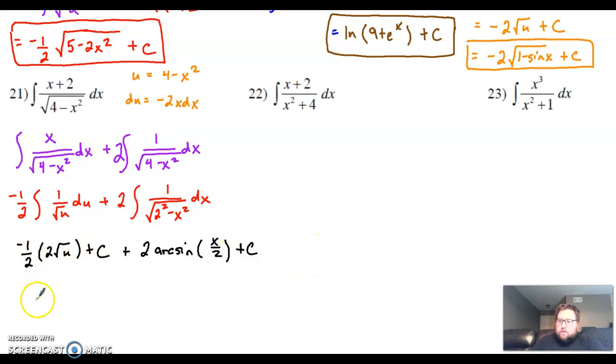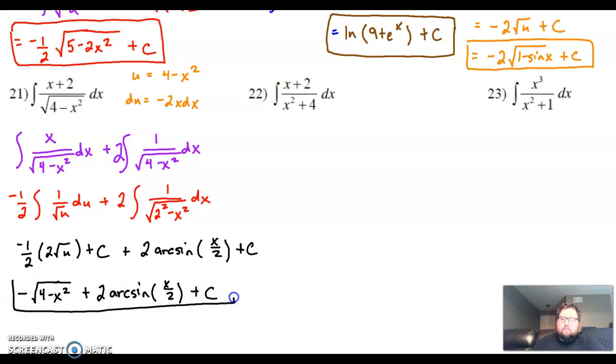All right, so the 2 and the 1/2 cancel, so we end up with negative square root of 4 minus x squared. And then over here, these c's are going to combine together, so I'm going to get rid of that c right there. So this will be just still the same thing, and then just a single plus c at the end.